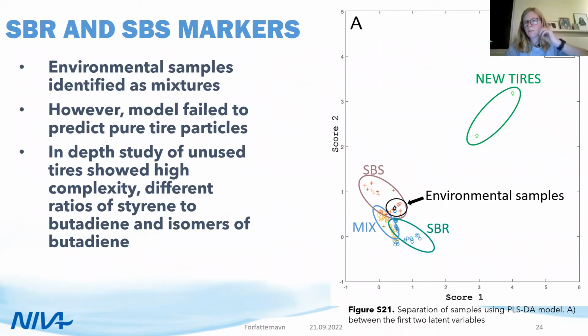So when we looked a little bit more into this, we found that these tires had a very high complexity. There were a lot of differences between them and between the different types of tires. We have summer tires, winter tires, studded, non-studded, different truck tires. And they all had very, very large variations. Some of this is due to different ratios of styrene to butadiene and the different types of SBR rubbers that they have, and also the isomers of butadiene.